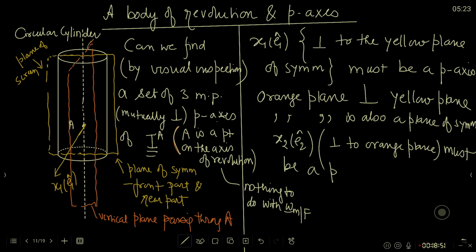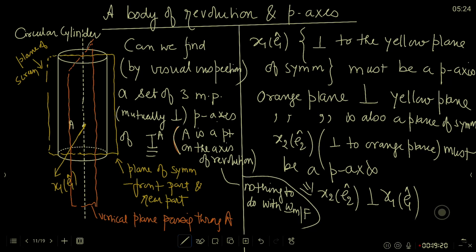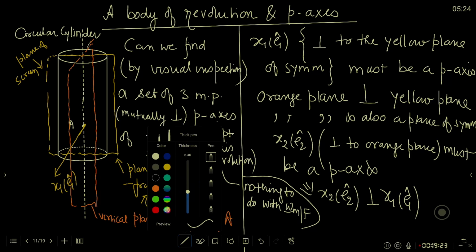Same argument. Since the yellow plane is perpendicular to the orange plane, x1 E1 is perpendicular to the yellow plane itself, and x2 E2 is perpendicular to the orange plane, so x2 E2 will also be perpendicular to x1 E1. I drew x1 E1 in this way. I'm going to try drawing x2 E2 on the same figure.